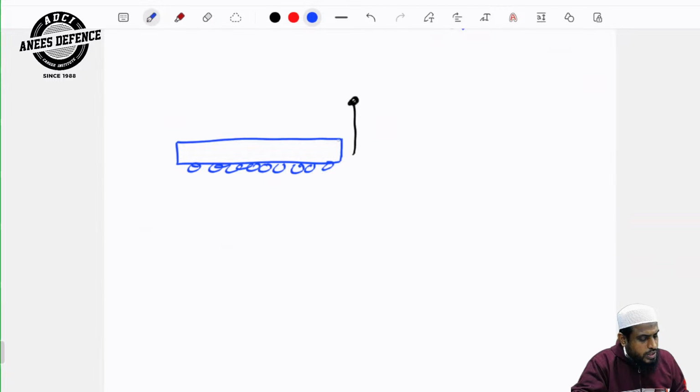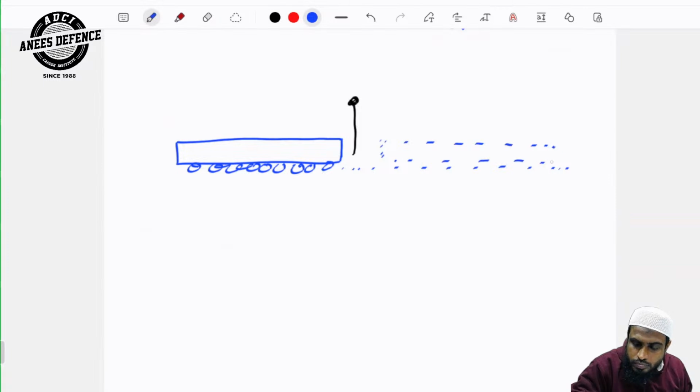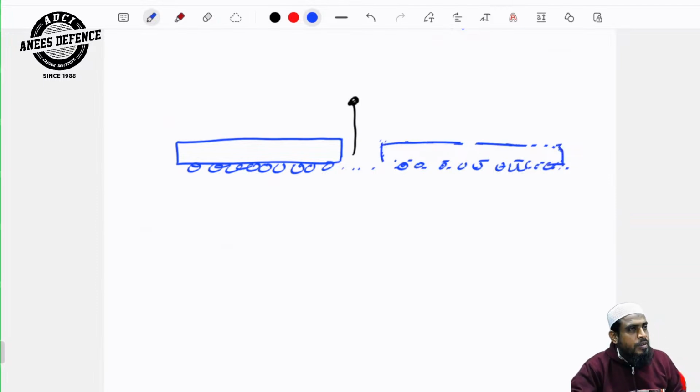The train passes the post in 9 seconds. If the train passes the telegraph post, it means the complete body of the train should pass the telegraph post. After some time the train should be here.